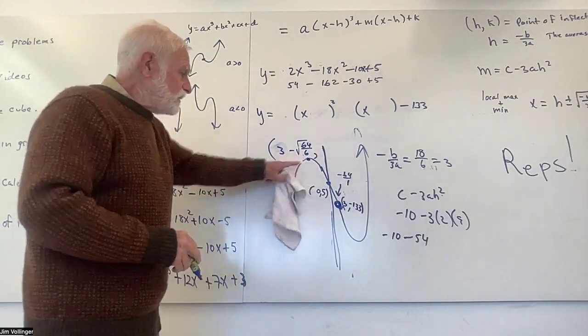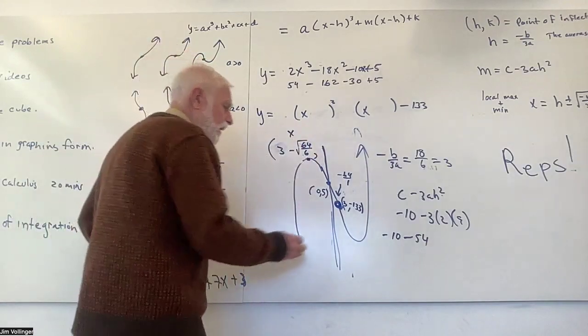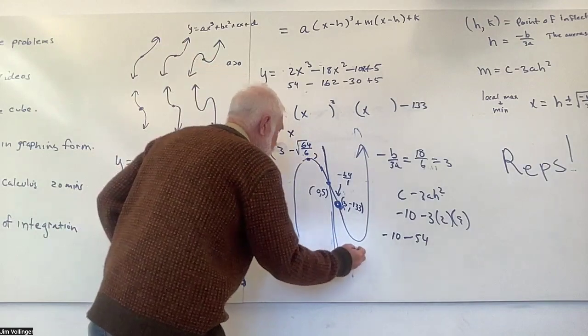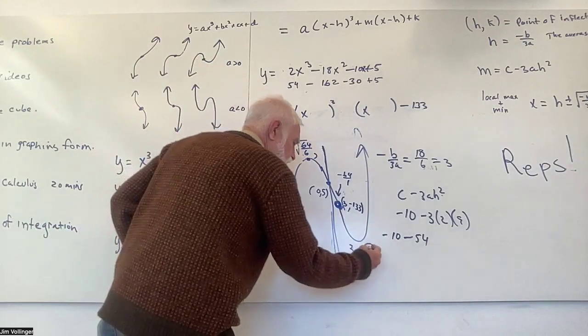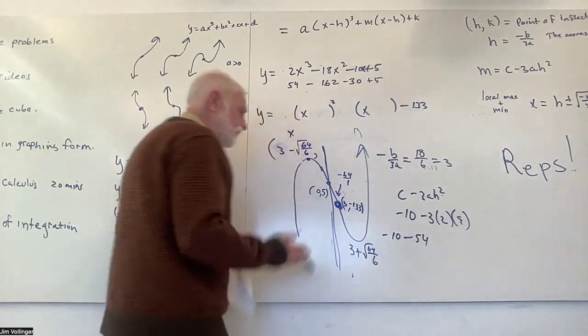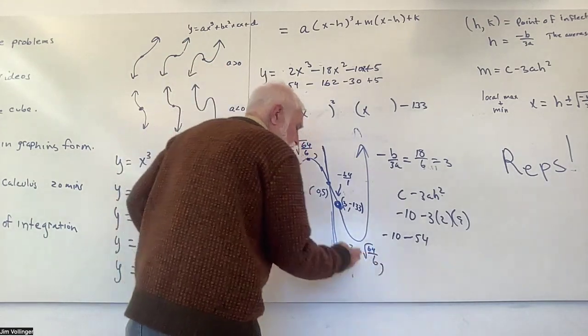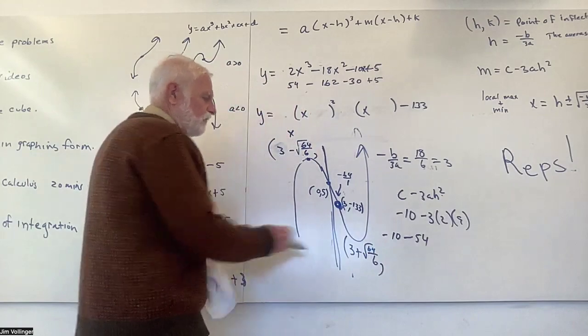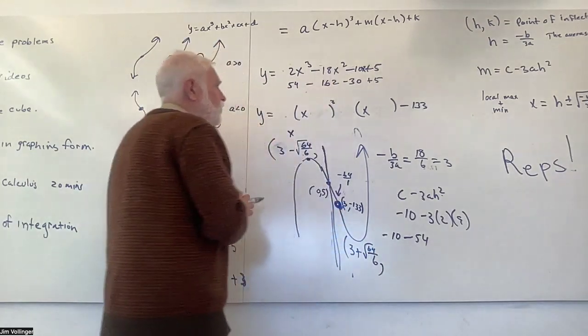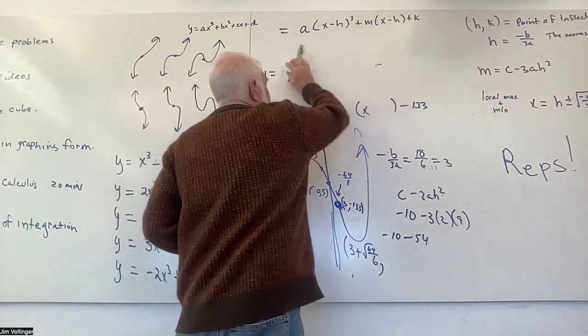That's the x value of the local max, and the local min would be 3 plus the square root of 64 over 6. Okay, and then you got your local max and min x values. Not friendly, not going to drop them in and do that math. All right, so that's the second one.